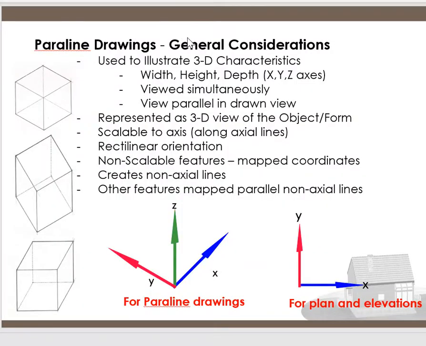You're no longer dealing with a flat 2-dimensional plane. So these Paraline drawings are very beneficial to helping us see the whole picture. So remember that they have an X and a Y and a Z axis, and the Z axis will always be going straight up, creating this elongation.